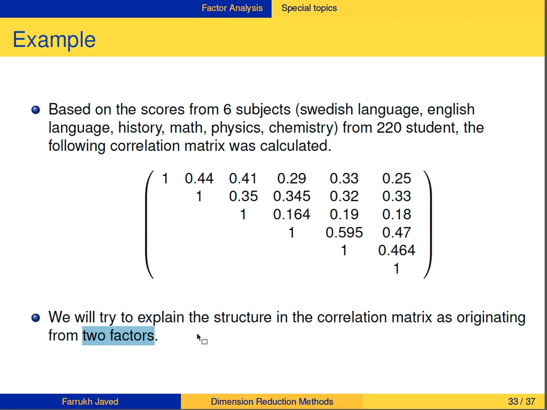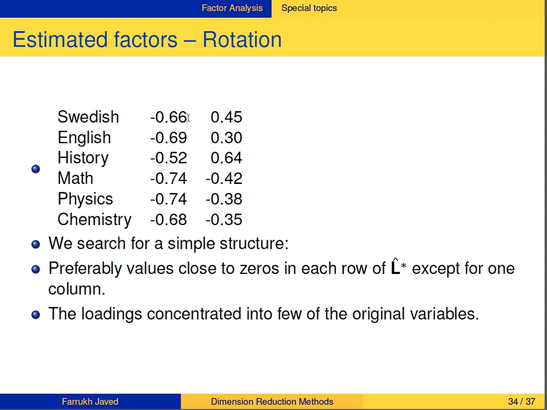So we have data for 6 variables, and we want to describe the overall structure in this data with respect to 2 common factors. So how can we do that? Well, these are the loadings. These are the loadings associated with factor number 1, and these are the loadings associated with factor number 2.